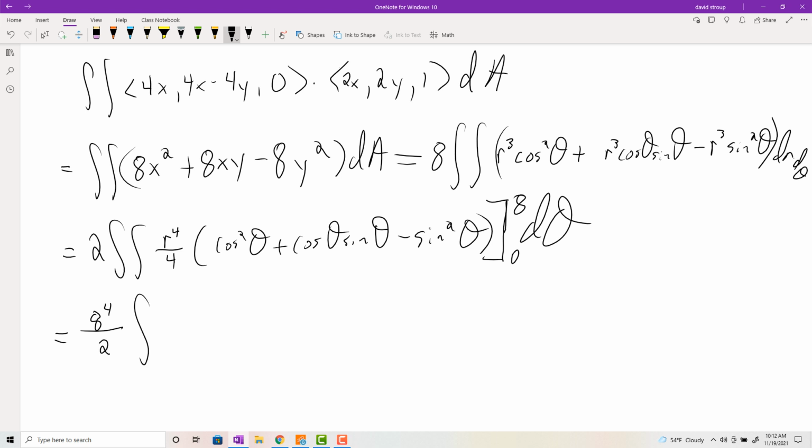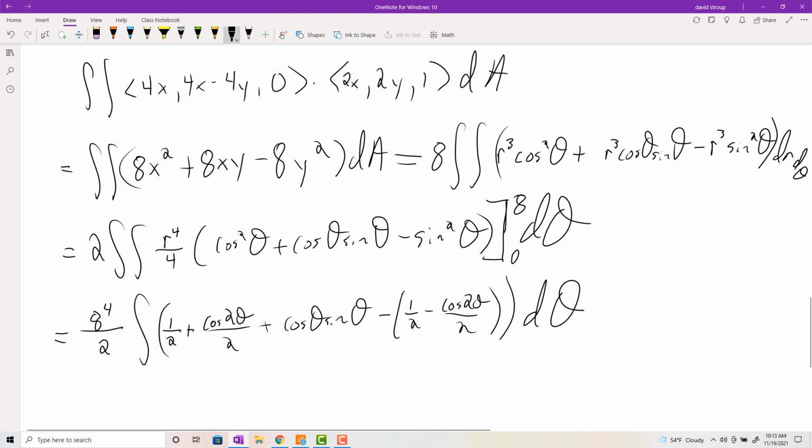And then integrating all this jazz. So that will be cosine squared. You got to use the reduction formula. So 1/2 plus cosine 2 theta all over 2, plus cosine theta sine theta, minus, what do we have then? 1/2 minus cosine 2 theta over 2 with another reduction formula there, d theta.